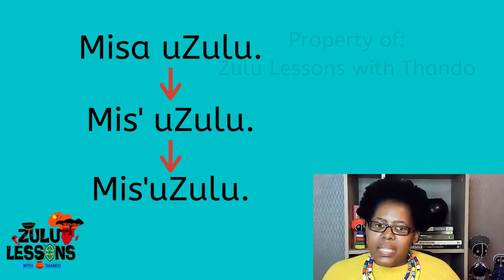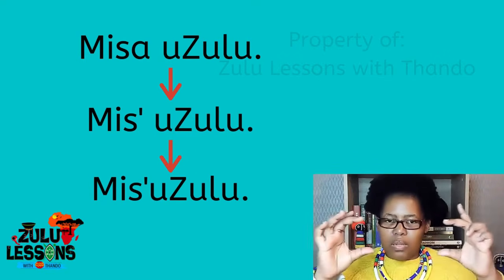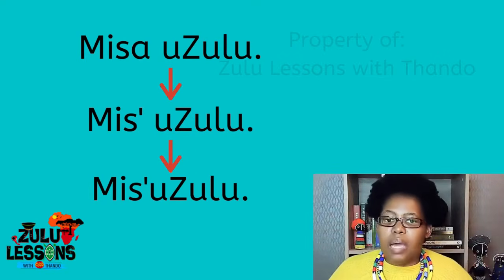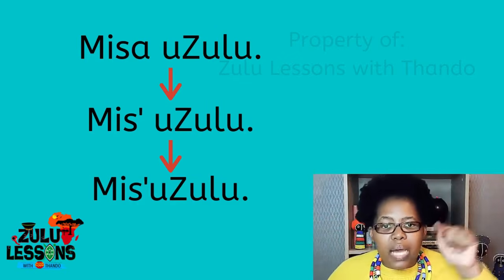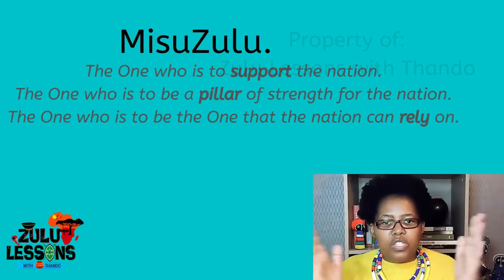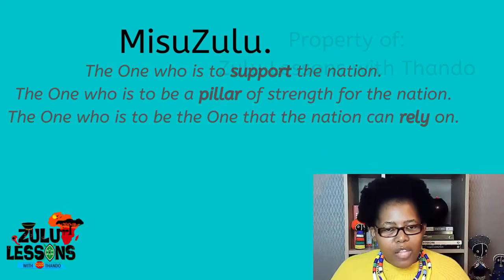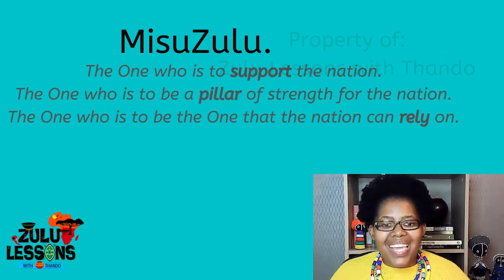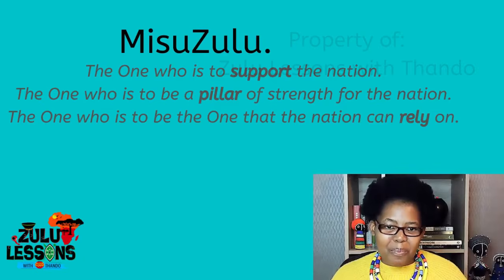However, if I am now giving this whole word as someone's name, I will remove that apostrophe and put these two words together. And what will we have? Misuzulu. That is the name of our new king, Amazulu.